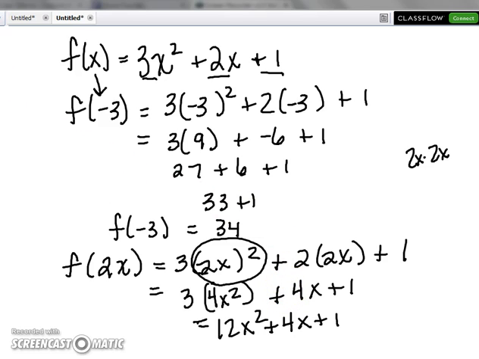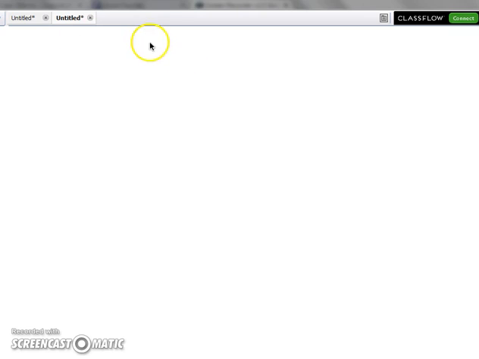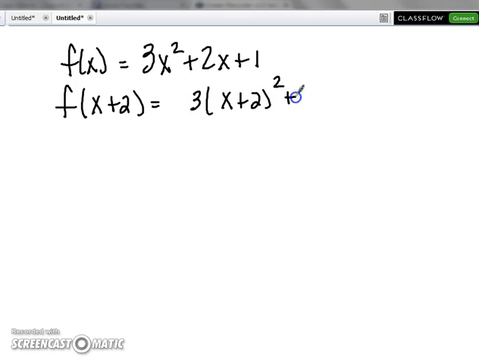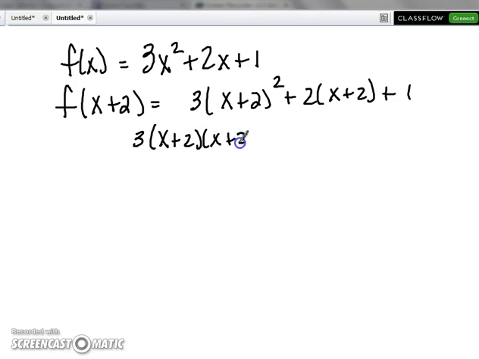One last thing on that one, 3x squared plus 2x plus 1, is if I ask you to find f of x plus 2. Then we're going to do the same thing, but inside the parentheses this time we're going to plug in x plus 2. The only thing to be careful of is that x plus 2 squared means this, which means we have to FOIL this.